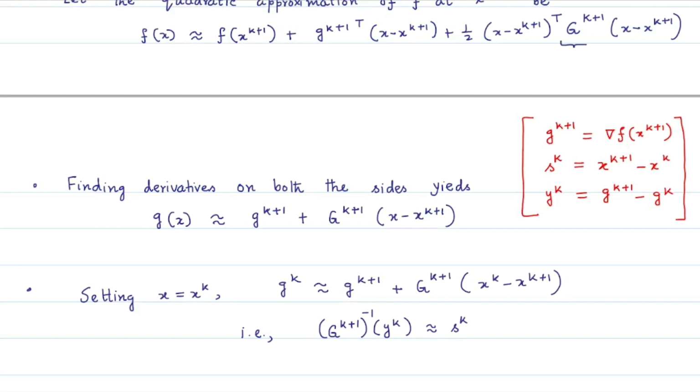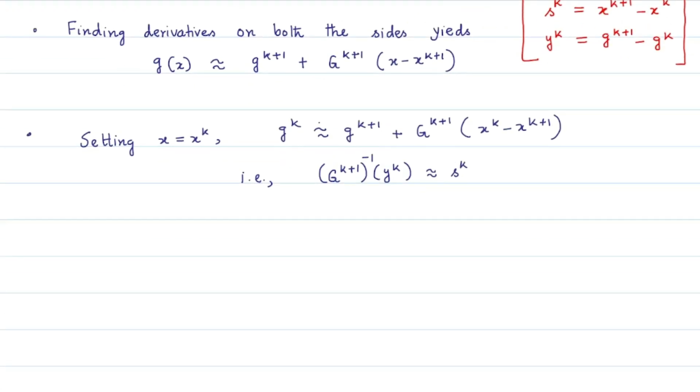So this is an approximate equation that must be satisfied by the approximating matrix, this Gk+1 that we have taken over here. Now if the objective function were a quadratic function, then this Gk+1 is exactly the Hessian matrix of the objective function, and we will have exact equality, provided the objective function is a quadratic function with positive definite Hessian.